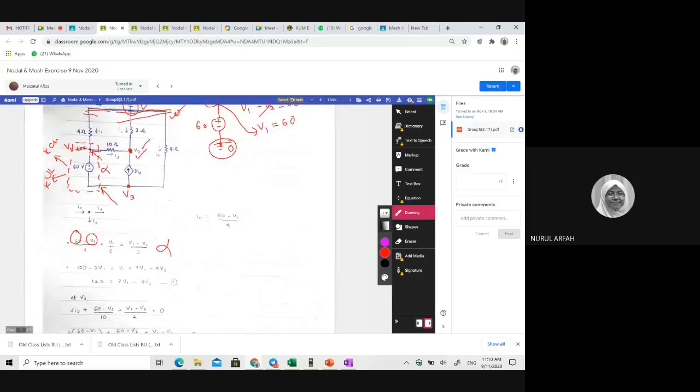At V2 you have 3 I naught entering, and then 60, this is not 60. This V2 is correct. Okay, this is correct. This one is wrong. And V1 minus V2, no. This is wrong. So, this is wrong.